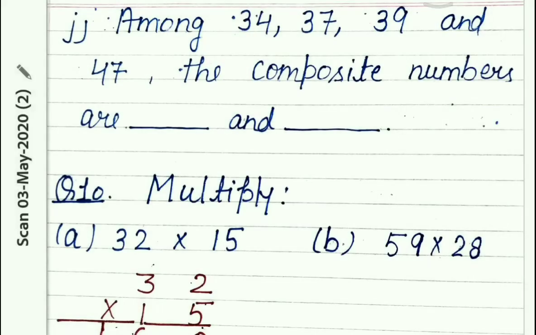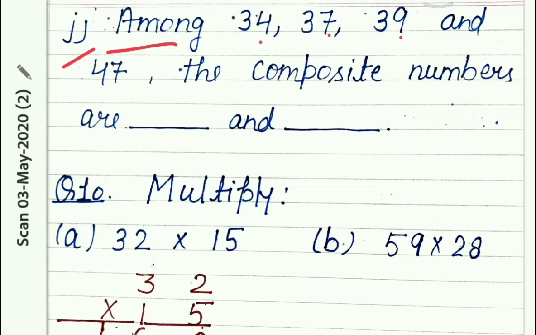Now next part is J part, after I. Here see J part. Among 34, 37, 39 and 47 the composite numbers are... This is just the opposite of prime numbers. As I told you, a prime number has only 1 and itself as factors, but a composite number has more than one factor.